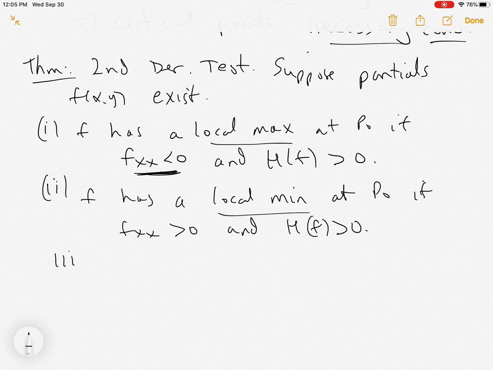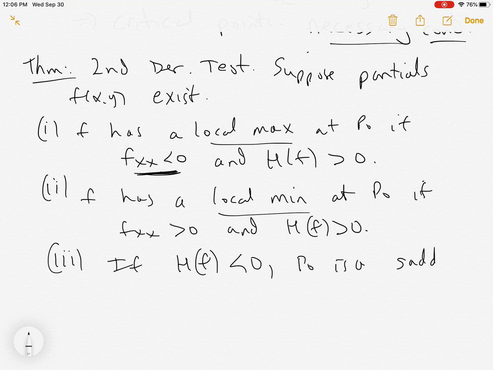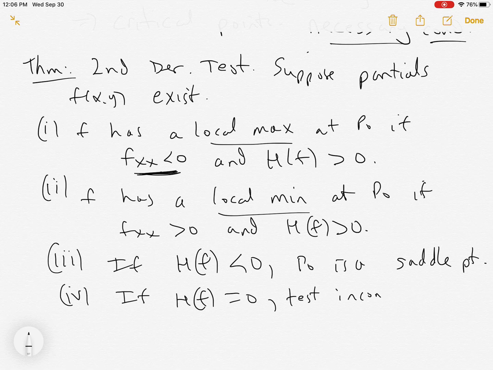And 3, if the Hessian is less than 0, then P naught is a saddle point. And 4, if the Hessian equals 0, the test is inconclusive. You got some more work to do, okay?